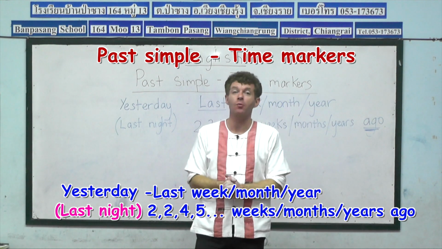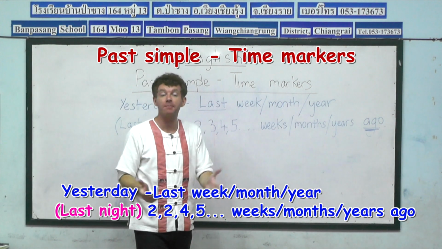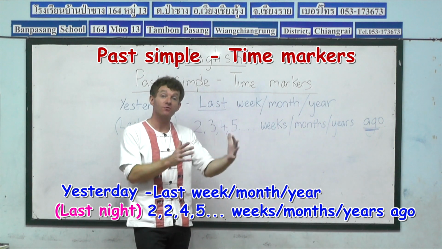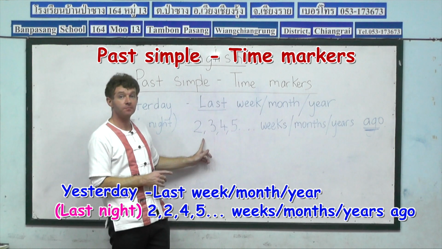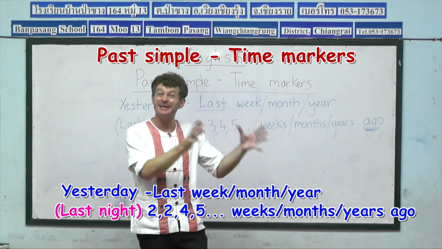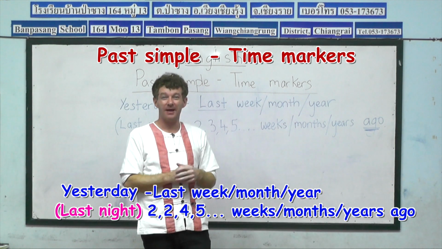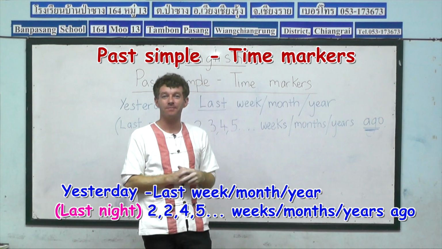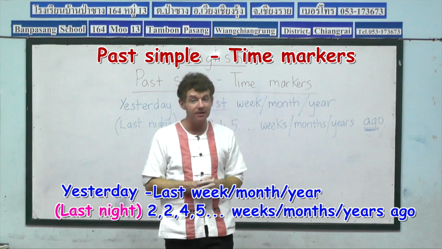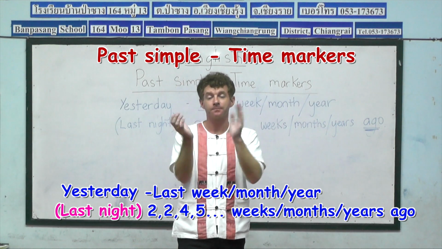However far back we want, we just describe the number of weeks, months, or years we want to go back with the number. Like for example, we could say 20 years ago. And that's a long time back in time. We just used the correct number to describe how many years. And guys, that was brilliant, very well remembered.